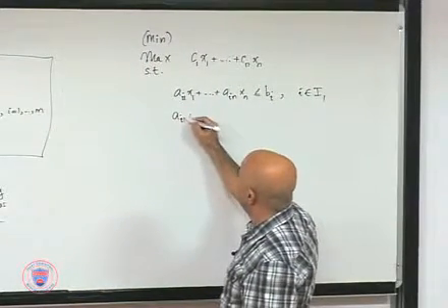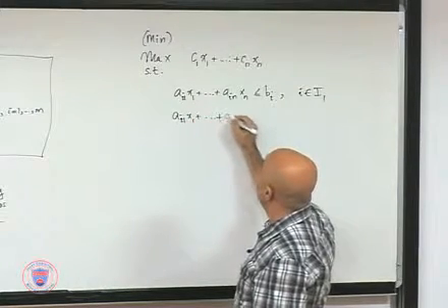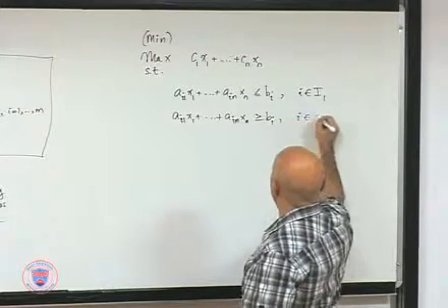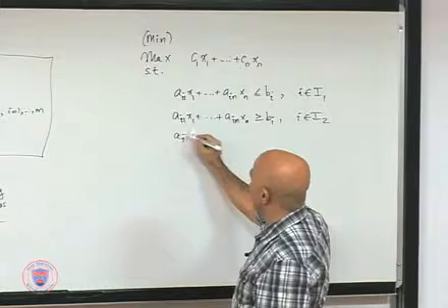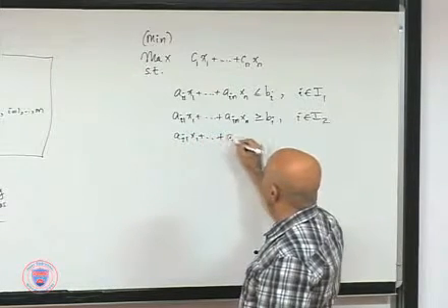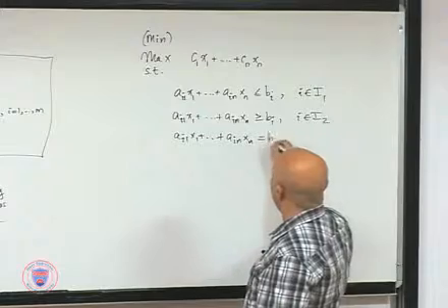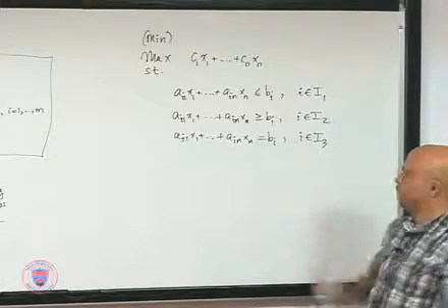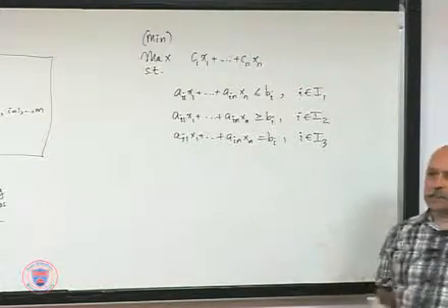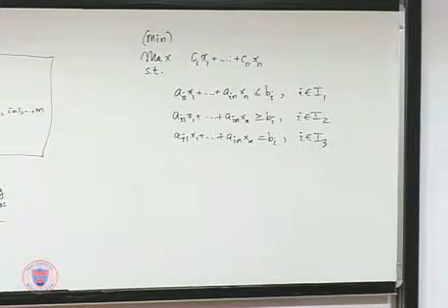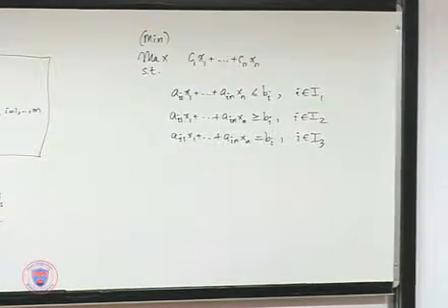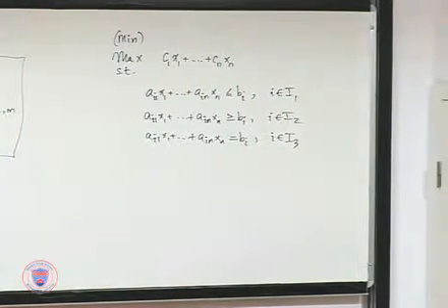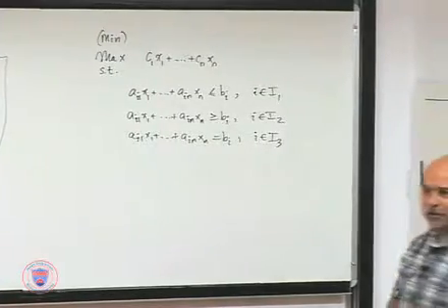Similarly, Ai1 x1 up to Ainxn greater or equal bi for i in I2, and Ai1 x1 up to Ainxn is equal to bi for i in I3. If any of these index sets happens to be empty, of course you just omit those kinds of constraints. Okay? They cannot all be empty because you've got at least one functional constraint under normal circumstances.